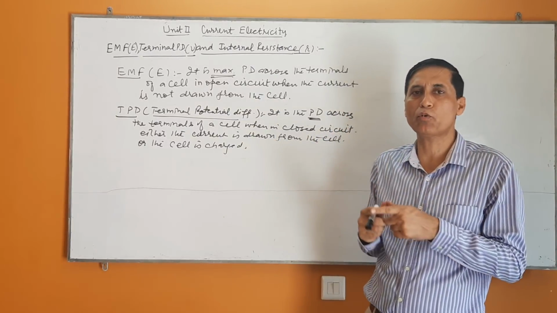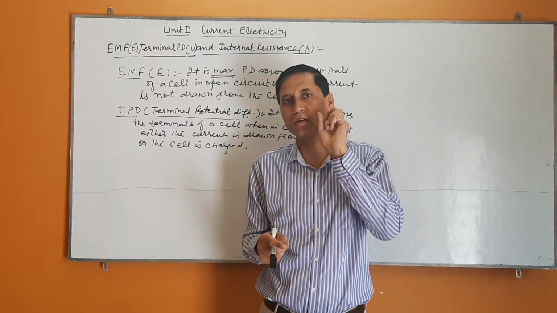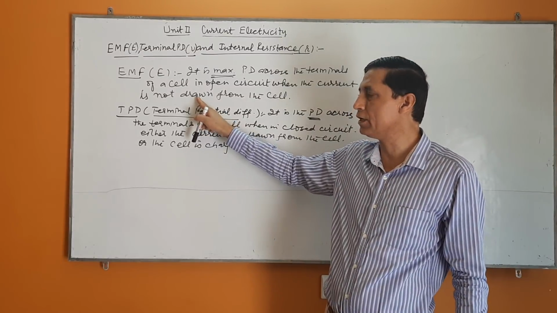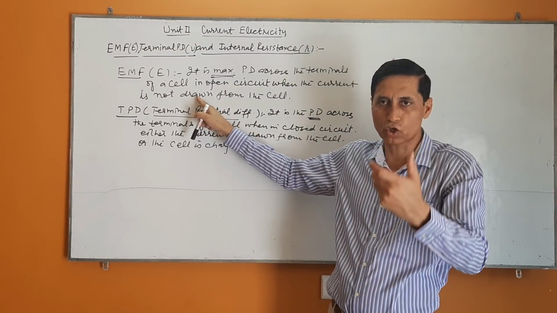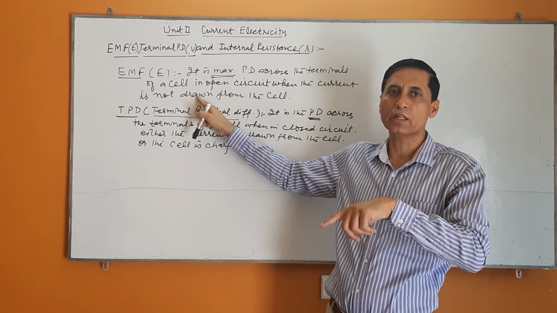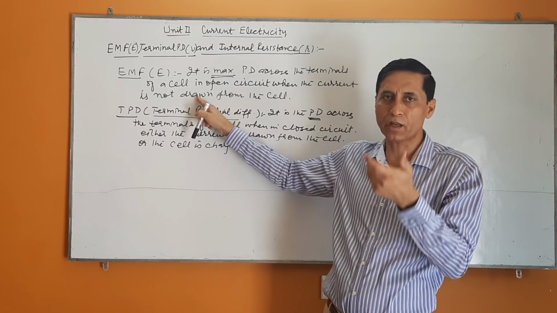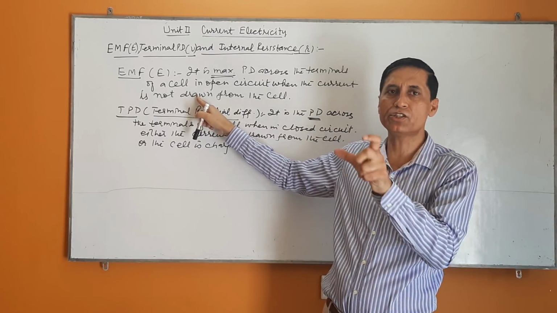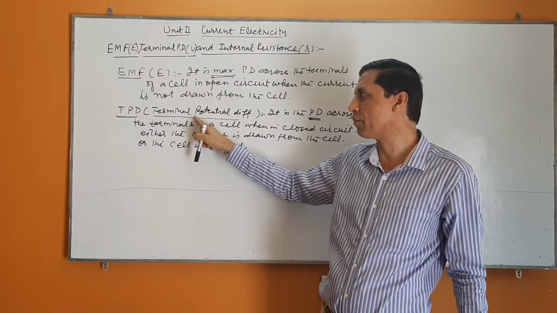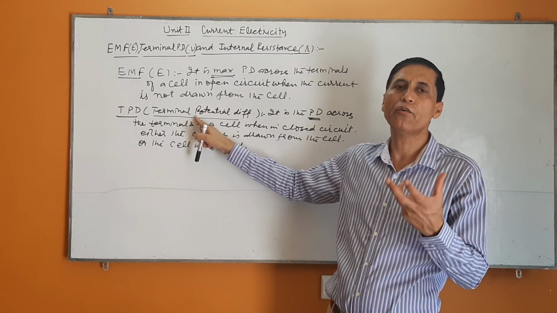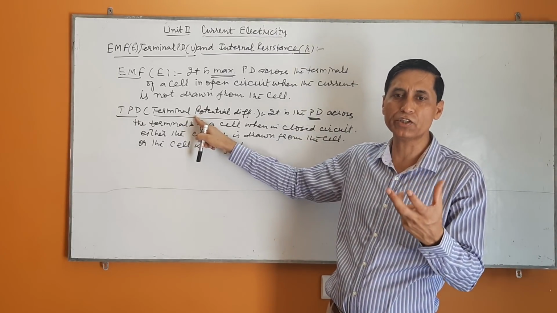The maximum value of the potential difference across the terminals of a cell is known as EMF. But when the circuit becomes closed, there are two conditions: either current is drawn from the cell, or the cell is charged. In both the cases, the potential difference at the terminal becomes the terminal potential difference.